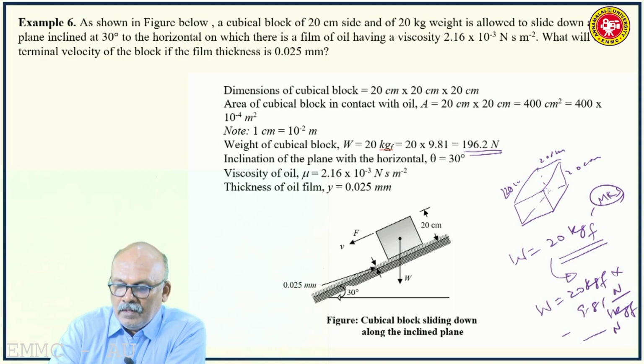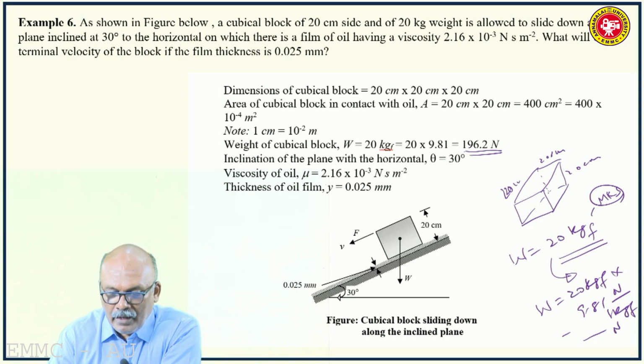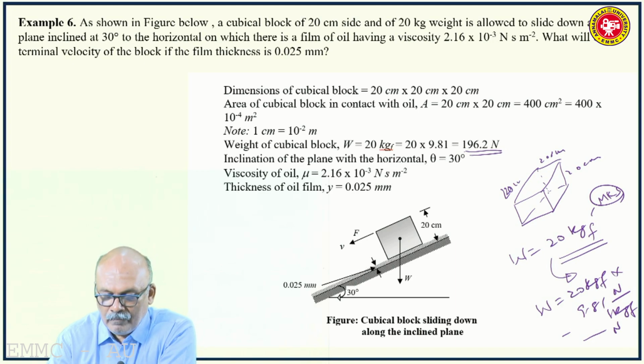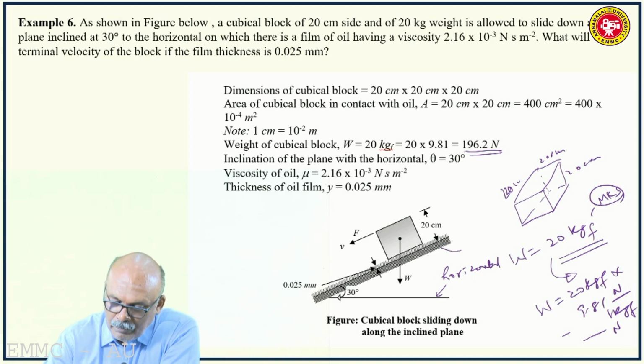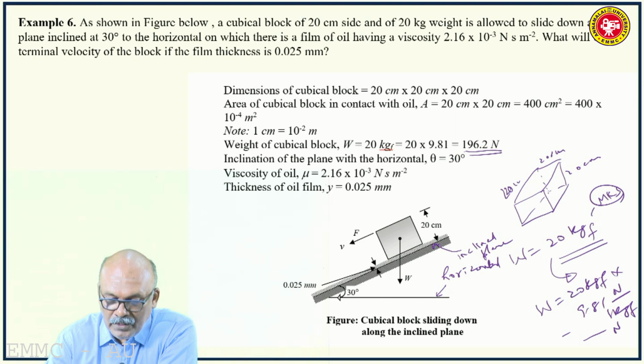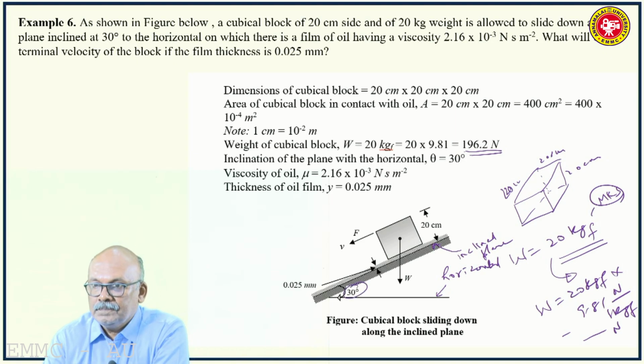And it is allowed to slide down along a plane surface which is inclined at 30 degrees to the horizontal. So this is the horizontal, and this is the inclined plane, which is inclined at 30 degrees to the horizontal.